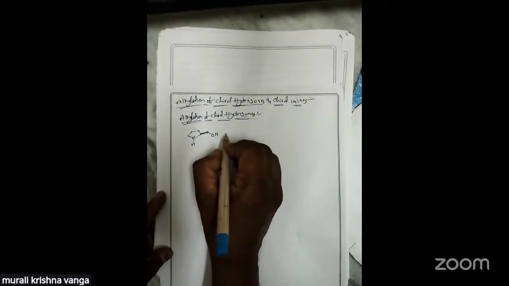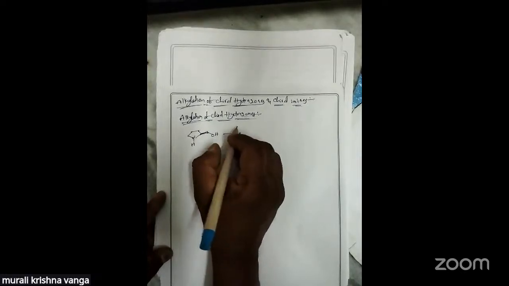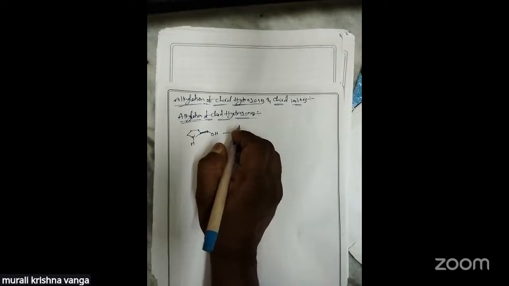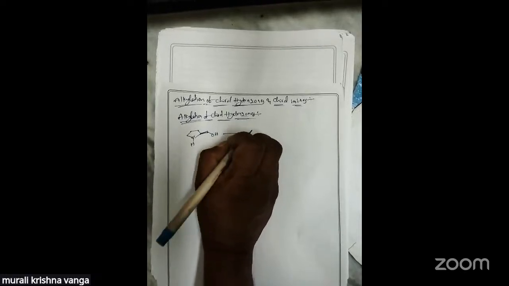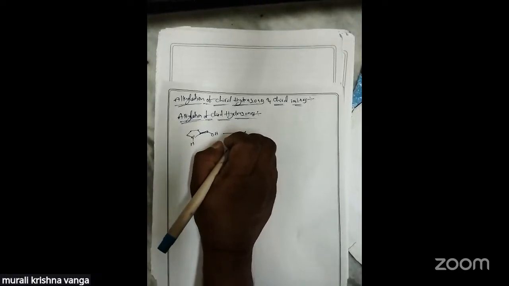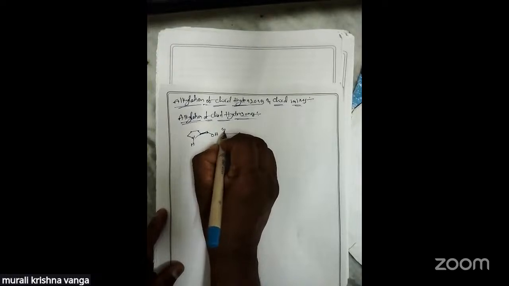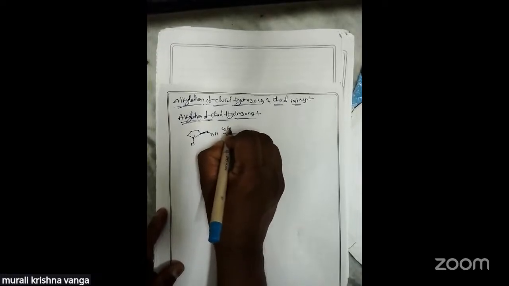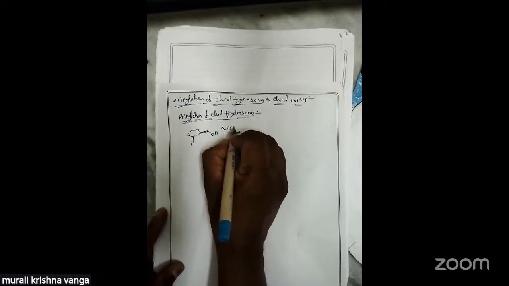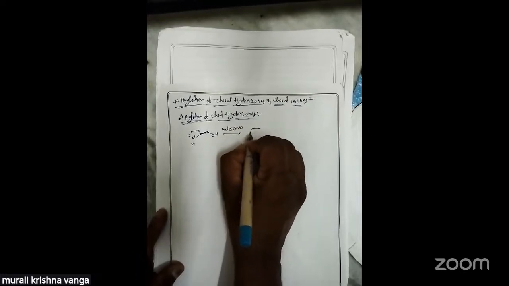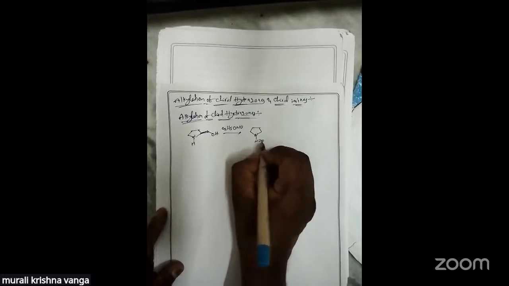Then this chiral auxiliary reacts with this compound, nitrosation on nitrogen.